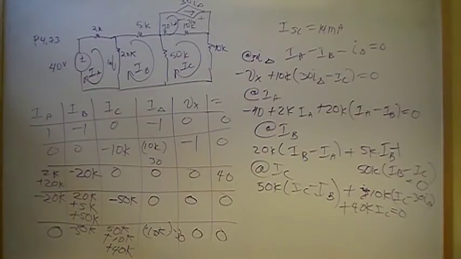We got 1, -1, 0, -1, 0, and 0, 0, 0, -10E3, 10E3 times 30, -1 and 0, 2E3 plus 20E3, -20E3, 0, 0, 0, and 40, and then we got -20E3, 20E3 plus 5E3 plus 50E3, -50E3, 0, 0, 0, 0, -50E3, 50E3 plus 10E3 plus 40E3, 10E3 times -30, 0, 0, and solve.